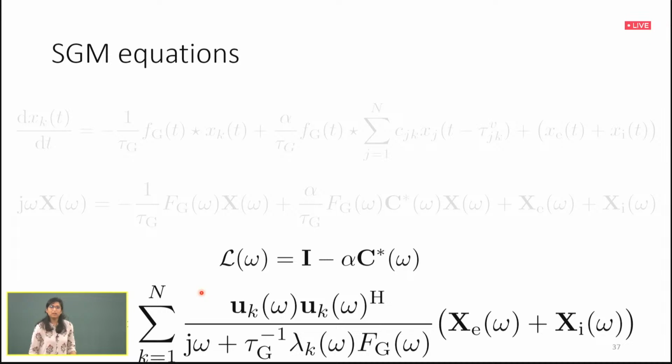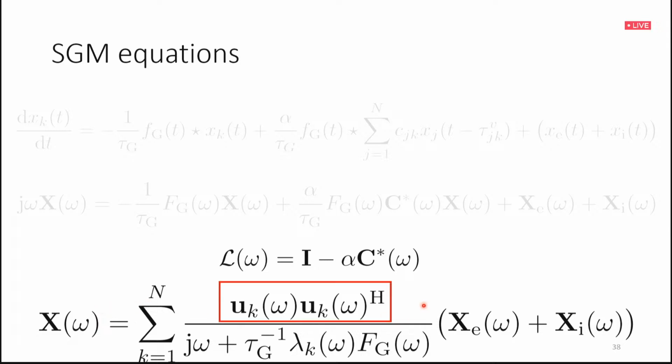So we don't need to understand this analytical solution, but just keep in mind that with this set of equations, we can directly get x in the frequency domain, and we can directly compare it to the data. We don't have to do time consuming simulations in this case. So computationally it's quite fast and very feasible to do. And these are the eigenvectors and eigenvalues of the Laplacian matrix.